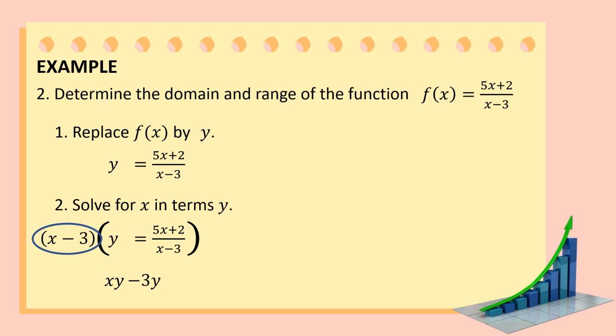The difference of x and 3, which is to be multiplied to the quotient of the sum of 5x and 2 and the difference of x and 3, is equal to 5x plus 2.